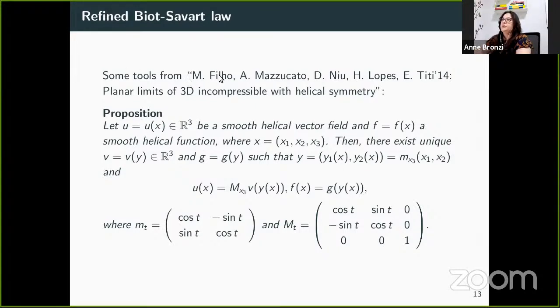So from the tools from this paper of Lopes Filho, Anna Mazzucato, Niu, Helena Lopes, and Titi, we have that under these conditions on the helical symmetry and no swirl, there's a lot of things written here, but the point is that if we know what the velocity field is on the plane, then we can transfer this information.